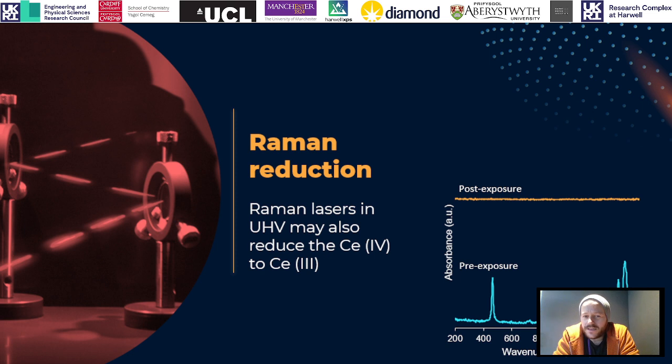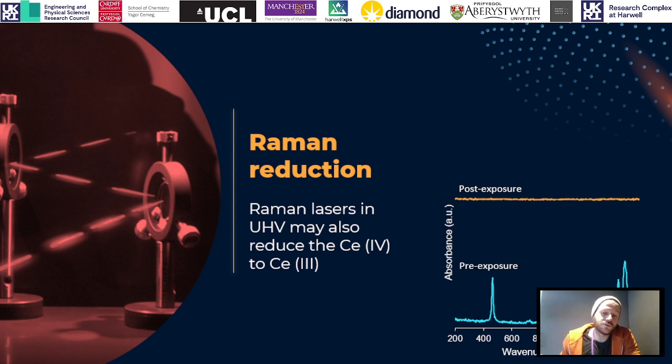It's also quite common nowadays, or relatively common nowadays, to include Raman, so coincident Raman in XPS. And what we've recently observed is that in UHV, even the Raman lasers themselves can reduce the cerium 4 to cerium 3 as well. So these are some Raman spectra from just a commercial ceria on our Thermo Nexsa.